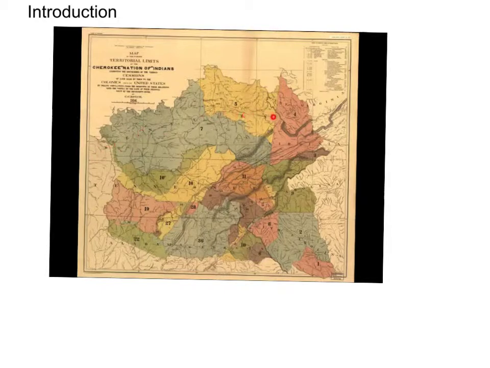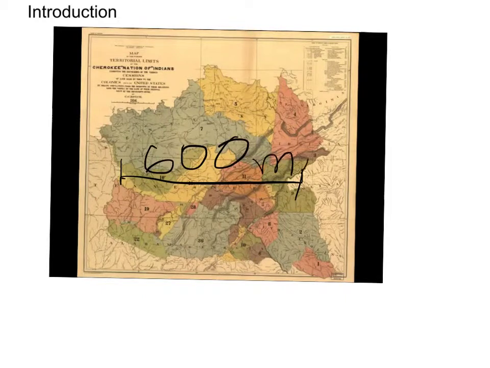Kentucky, Tennessee, Alabama, and Virginia. Their territory covered over 600 miles from east to west.